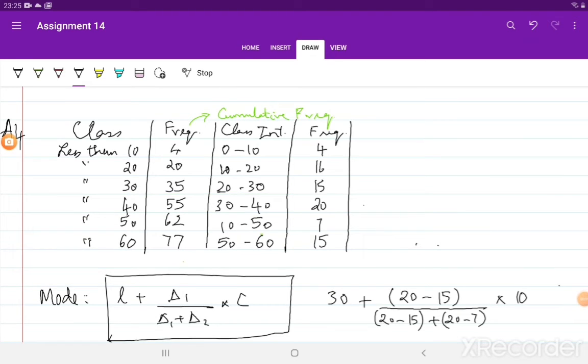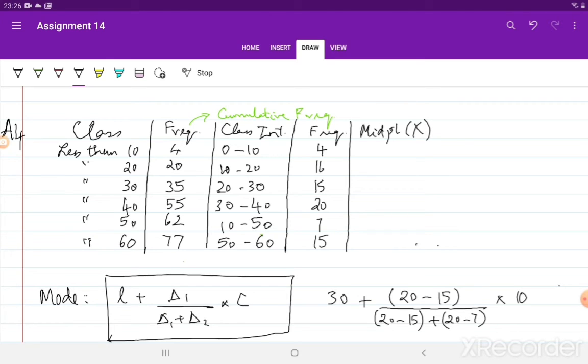Now to calculate the arithmetic mean, we first remember we need the midpoint, which will be our x.